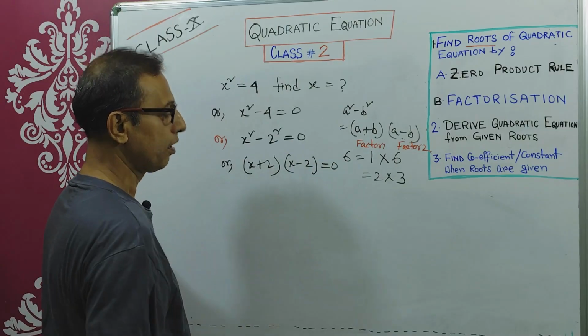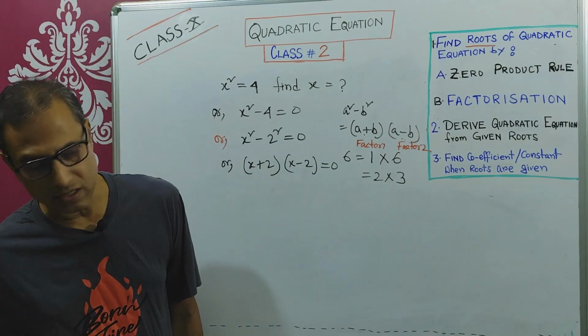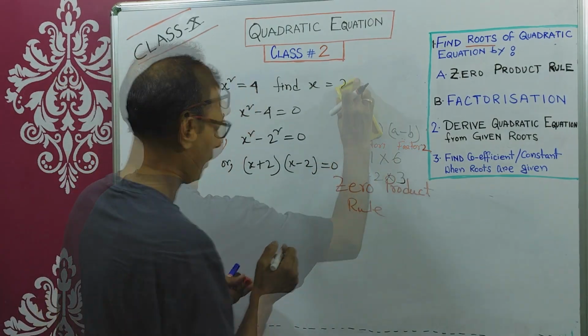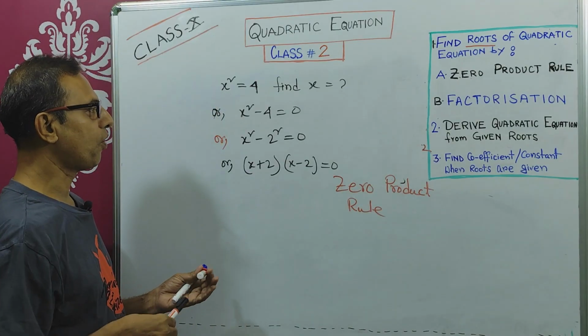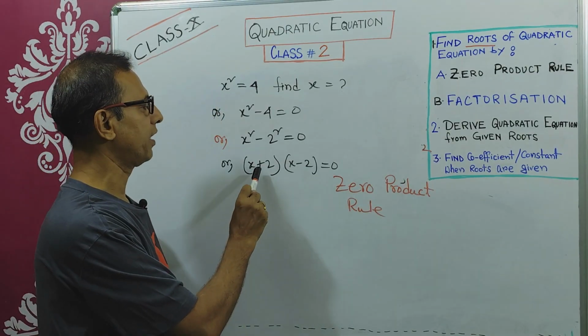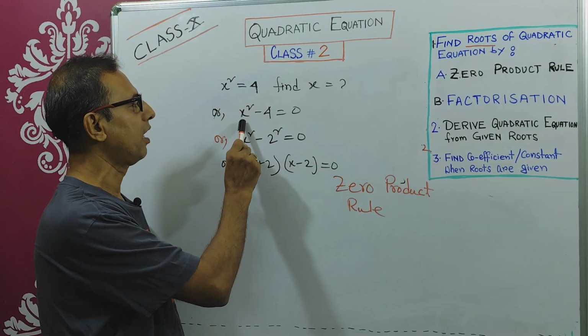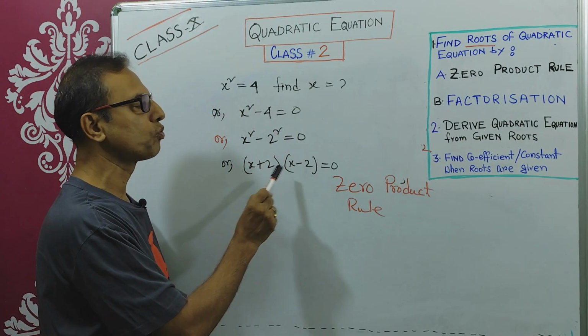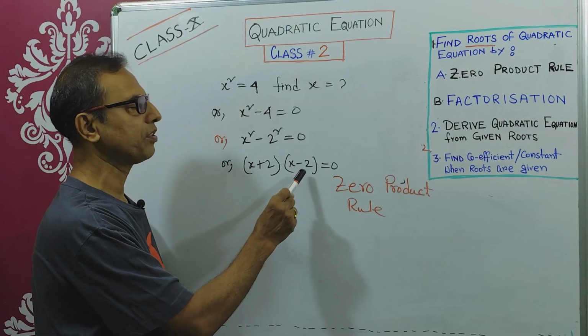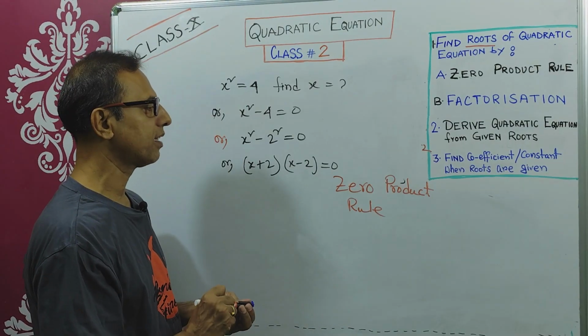Equals to 0. Now we are coming to the zero product rule. First of all, you apply the factorization, x plus 2 into x minus 2. You are expressing this quadratic equation as two factors. Now you apply the zero product rule.